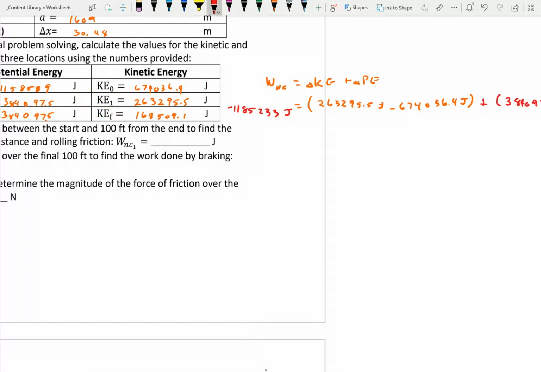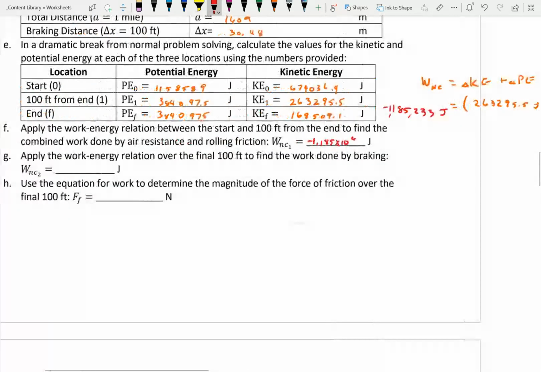Now that's it. How many significant digits do I have there? Like 3, so it's 119. I'm going to put this in scientific notation, so minus 1.185 times 10 to the 6th joules. Negative, because we lost that energy.